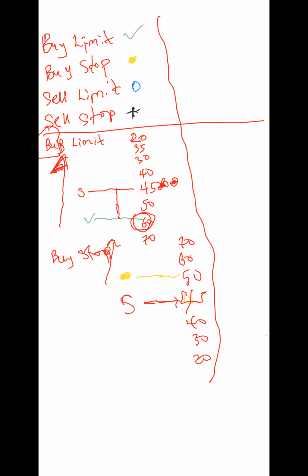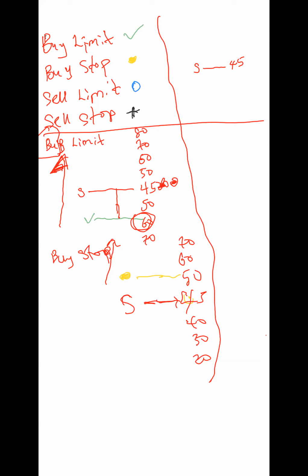Okay. All right, brilliant. So a sell stop, guys. Now let's assume you're going to answer a question for me. Let's assume the market is at 45. Let me erase this for you so that you're not confused. Let me use the other way around for you. So let's say this is 50, 60, 70, 80.